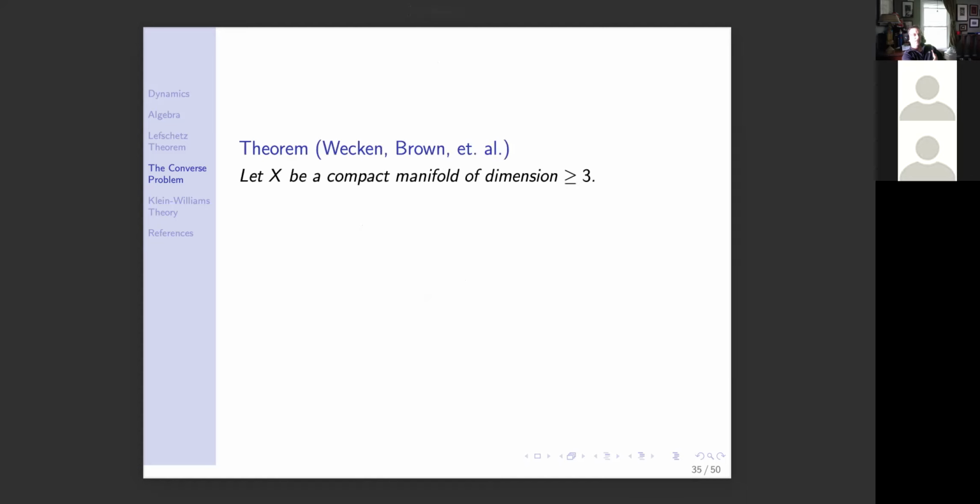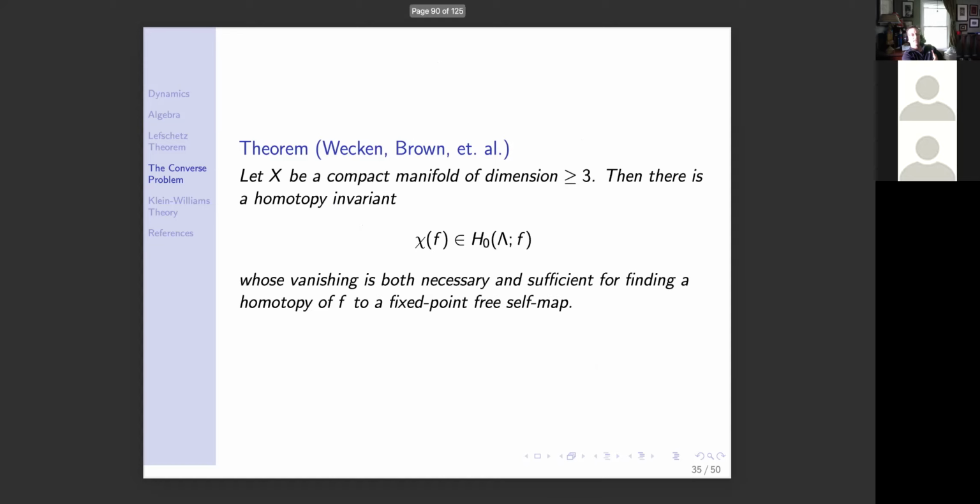So there's a theorem which is attributed to Wecken and R. F. Brown and other people, which goes something like this, but it's not ever stated by them in this way. I'm restating it. Let X be a compact manifold of dimension at least 3. Then there's a homotopy invariant which lies in the Hochschild homology, whose vanishing is both necessary and sufficient for finding a homotopy of f to a fixed point free map. So this solves the problem, except that we have to define the invariant.